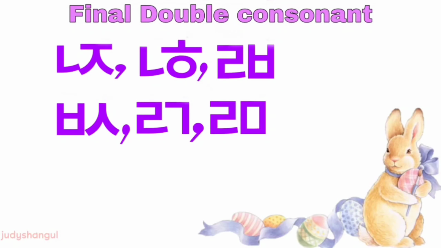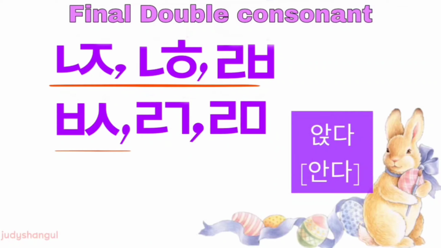Next, double final consonants, which are also 받침. In the case of 니은 with 지읒, 니은 with 히읗, 리을 with 피읖, and 리을 with 시옷, only the first consonant is pronounced. For example, 안타.